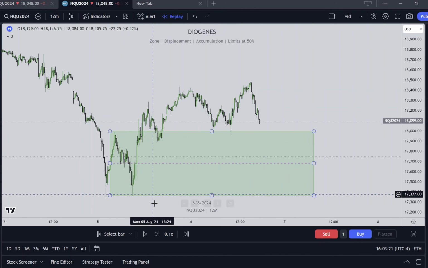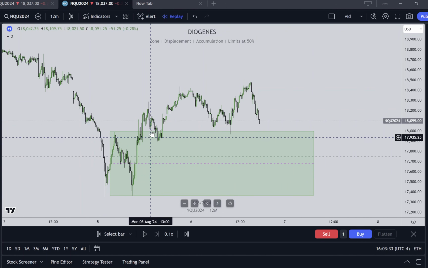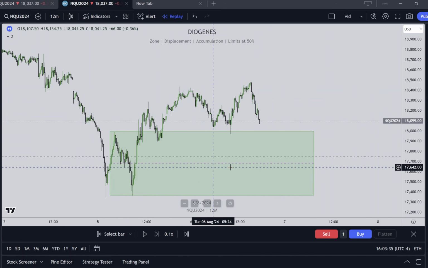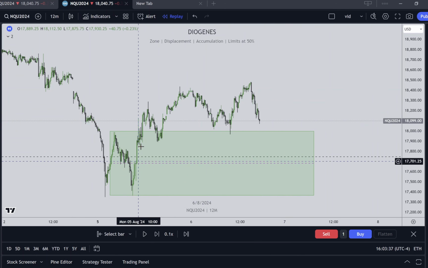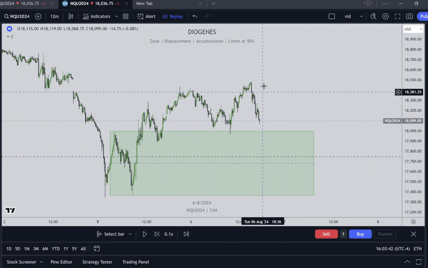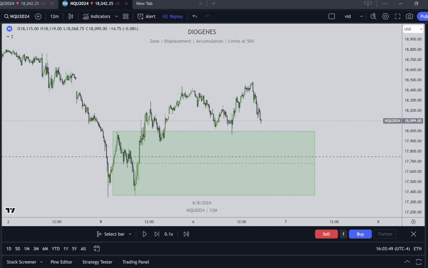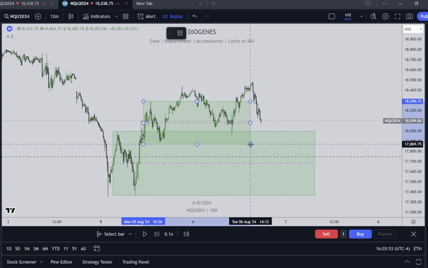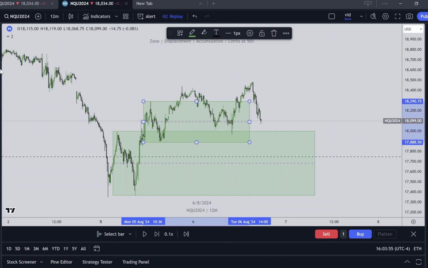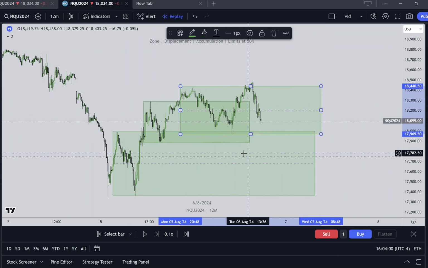Okay, so before doing anything, let's take a look at the M12. So in the M12, we had this zone that we broke, but never came back to the 50%. And we are now accumulating in the M12 to reach maybe after this 50%. But this accumulation is very tradable because we were still making higher highs and respecting trades from zones.